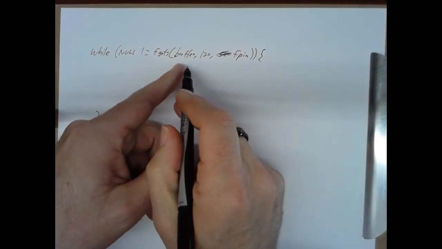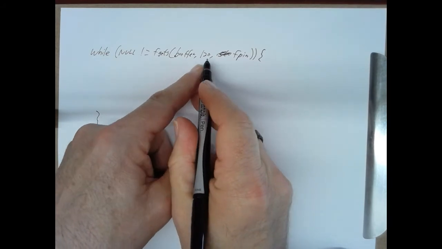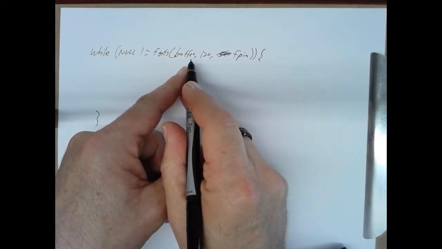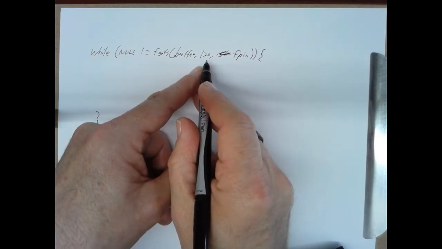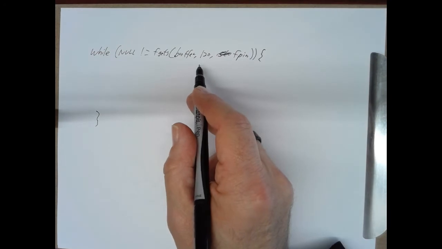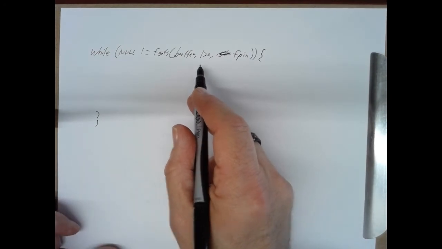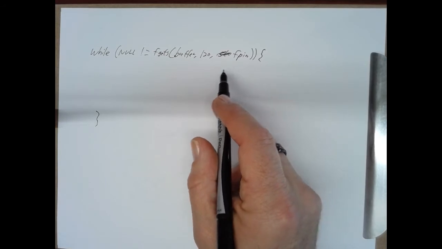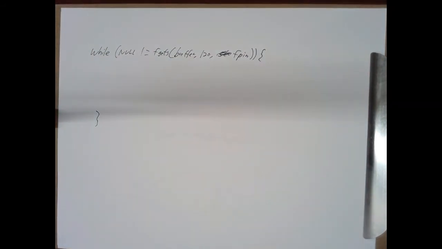So remember, fgets takes an array of characters, the number of characters in that array, and you don't need to subtract one. If buffer is 120 characters, you can give it 120. And it will only use 119 to store characters, and it'll use the last one for a null terminator if necessary. And then the input stream, standard in if you're reading from standard in, but fpin, the result of fopen, if you're reading from a file.